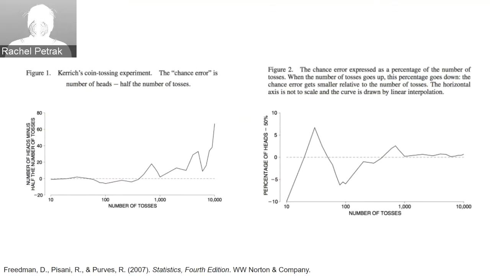Why does this make sense? Well, let's keep looking here. The difference is plotted against the number of tosses. So this helps us get a difference between an expected value and an actual value. And this is an idea we're going to look at in several different contexts coming up: the idea that there's an expected value and an observed value.